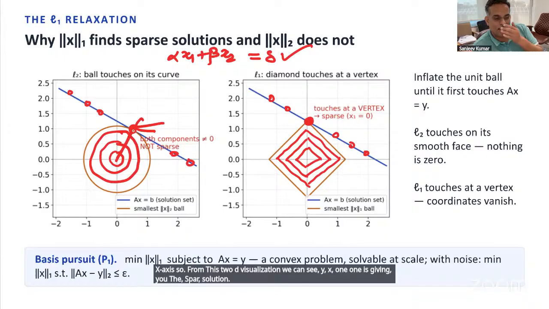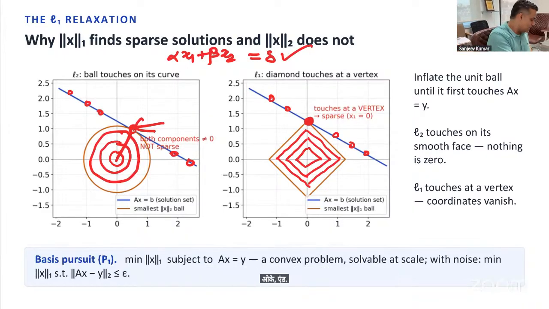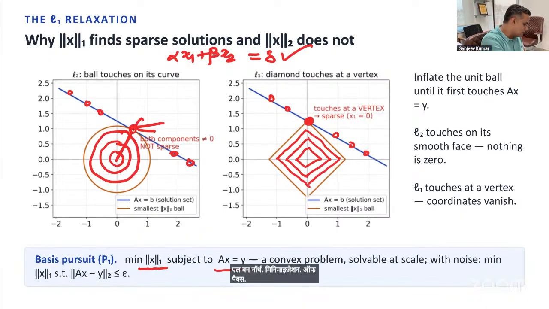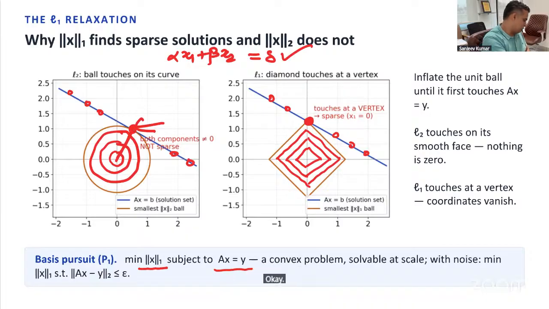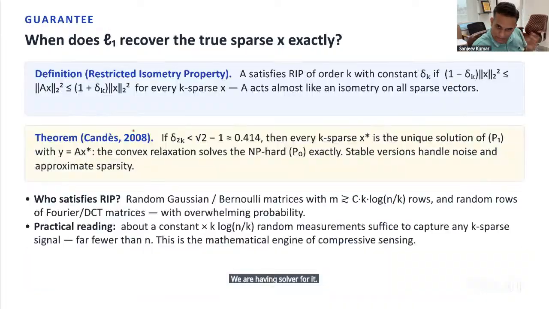Okay, and minimizing this L1 norm of x subject to Ax equals y is a convex problem. We can solve it. Okay, and we are having solvers for it in Matlab.